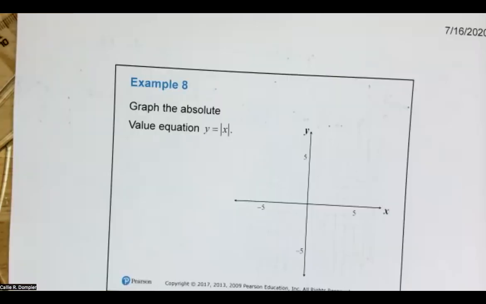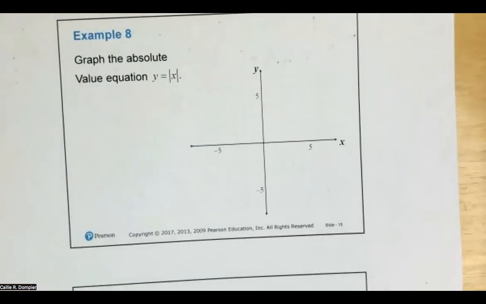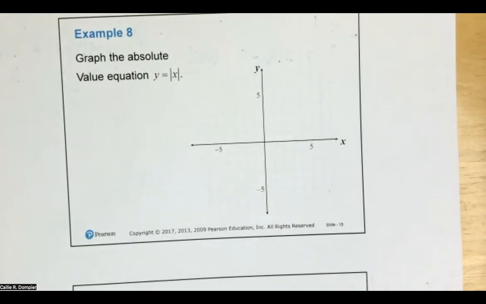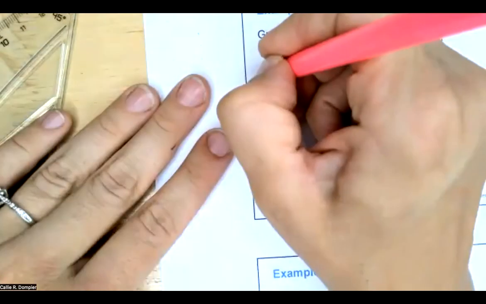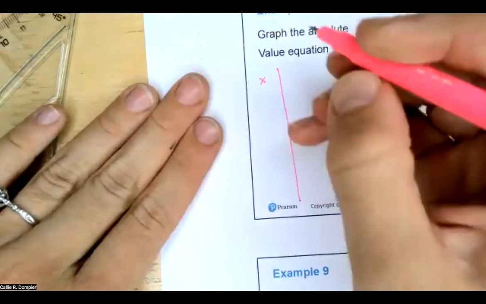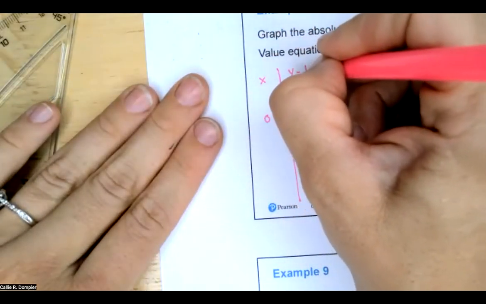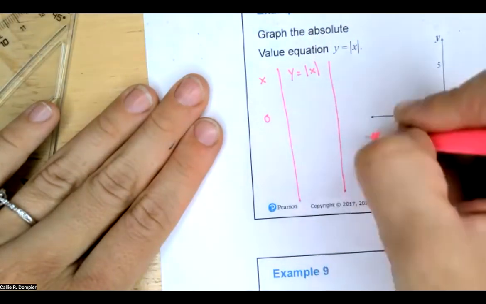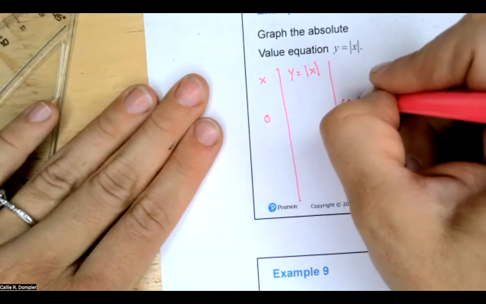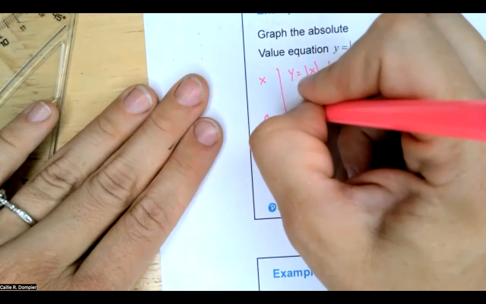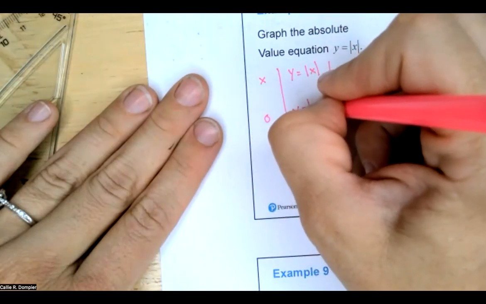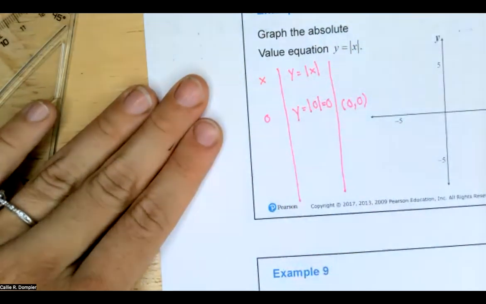And then, since we only have 4 minutes left, graph the absolute value equation y equals the absolute value of x. So we'll just try to do these quickly. So if I was going to make a table, when x is 0, y equals the absolute value of x is still just going to be 0, right? Because y equals the absolute value of 0 is 0.